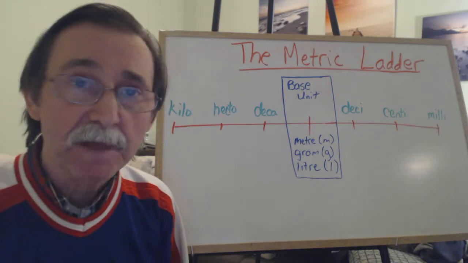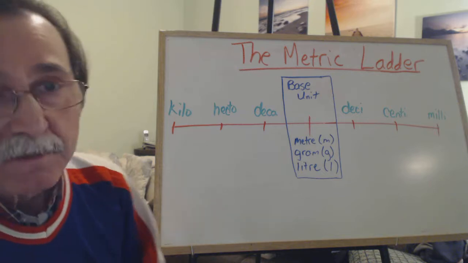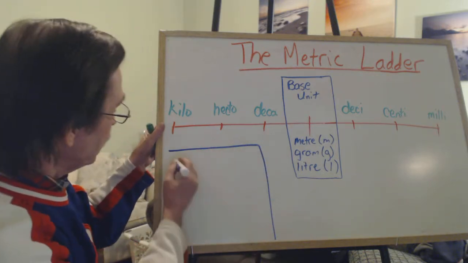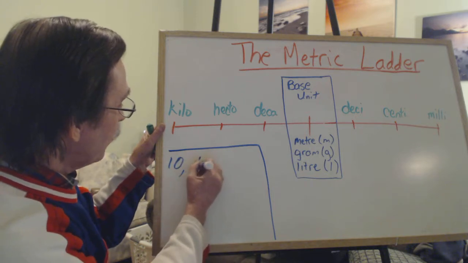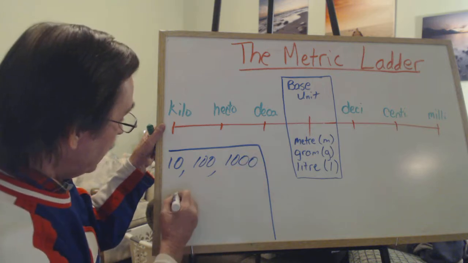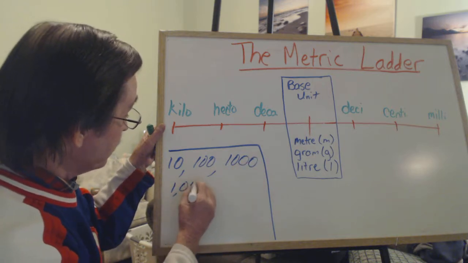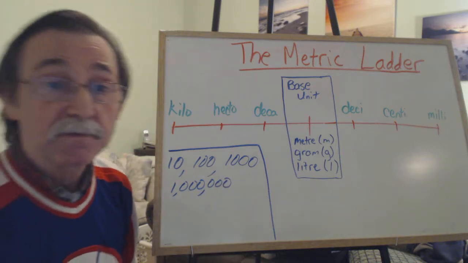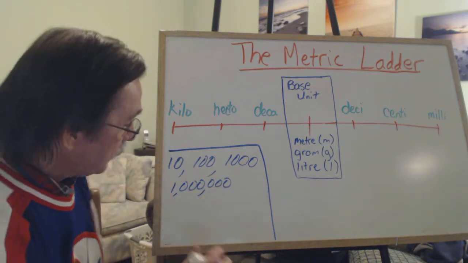So the metric system uses these simple numbers, and I'm just going to write here for now. Simple numbers like 10, 100, 1,000, 1 million. Okay, uses big numbers like that.